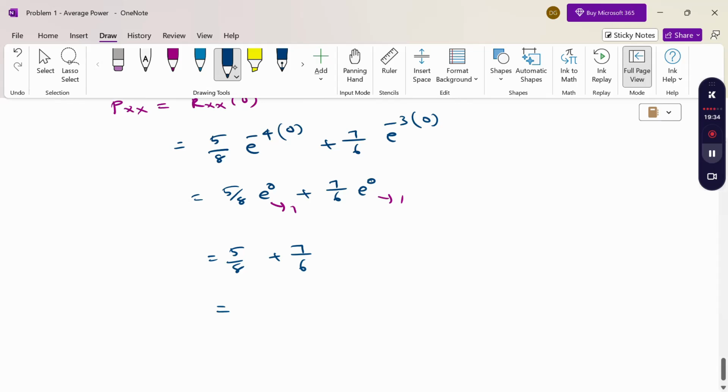When I take the LCM, 48. So 5 into 6 is 30, and 7 into 8 is 56. So 86 by 48.